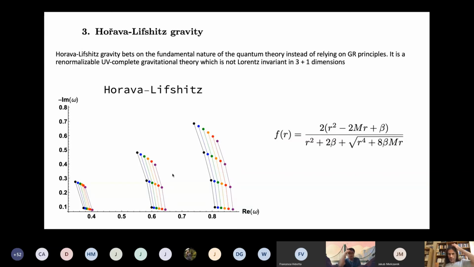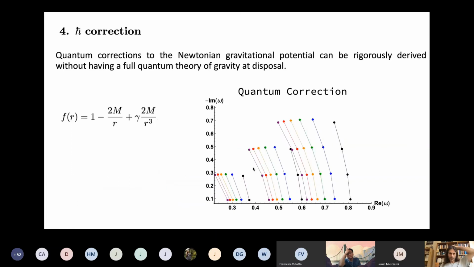So the structure of the theory is a bit complicated, but it can be summarized in this function f, which is given here. And the quasi-normal modes are once again depicted as a function of the deformation parameter. So once again, the frequency is increasing with the deformation, but this is the only case where the absolute value of the imaginary part is strongly decreasing, which is an interesting feature.